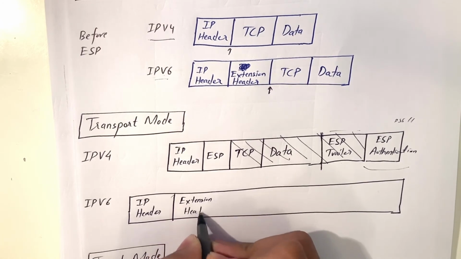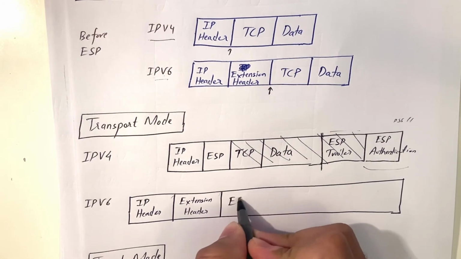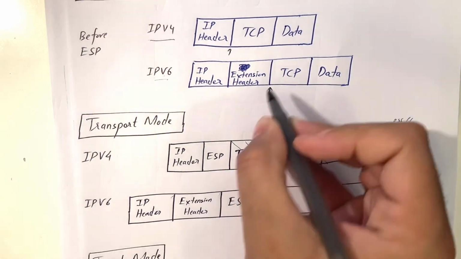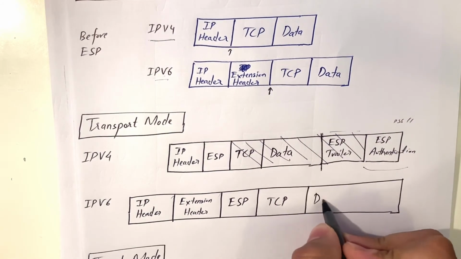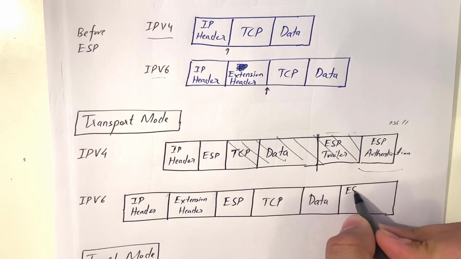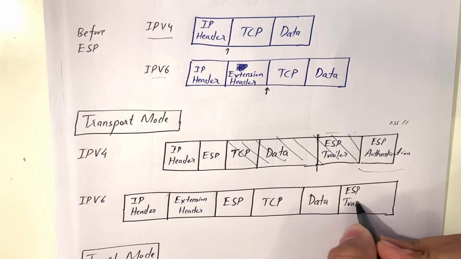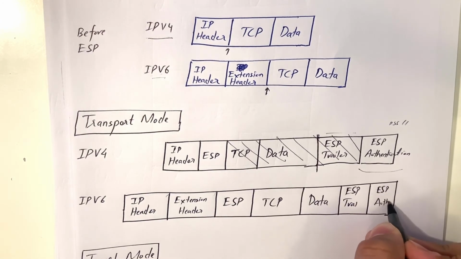Now on the internet layer, we just add the ESP header. After the ESP header, we have TCP and the data, then the ESP trailer to define where the data ends, and last the ESP authenticator, which is optional.